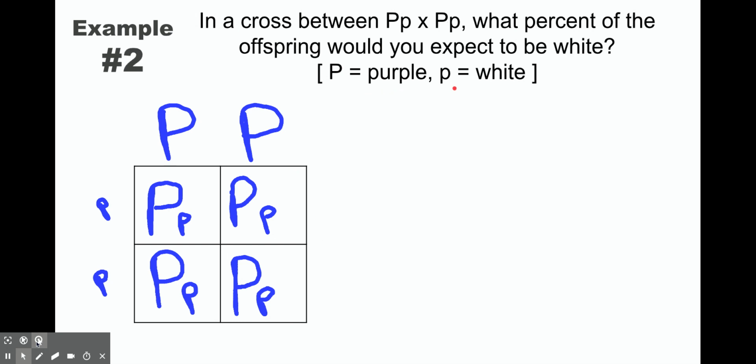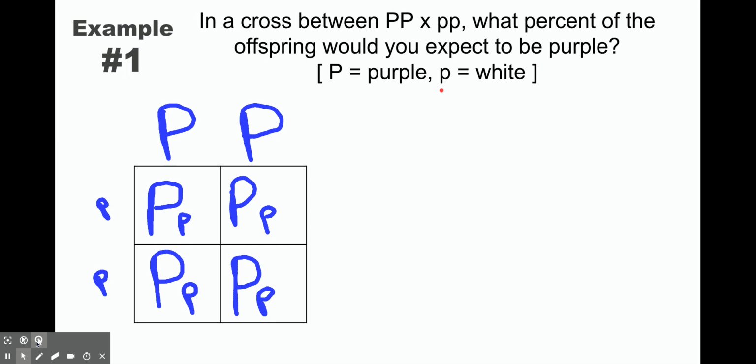If you have no big P's, if it's just little p's, that's when you show the white color. Okay, so in all of these examples though, all of them have at least one big P, which means that all of them will be purple.